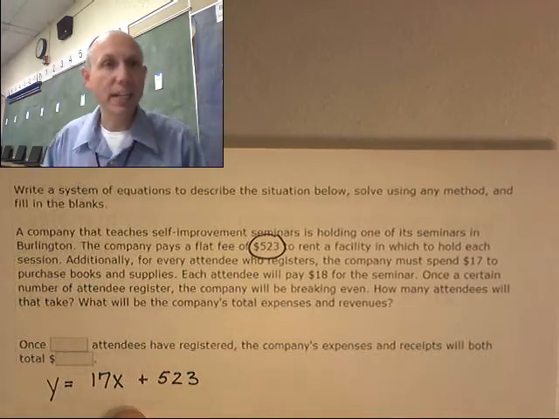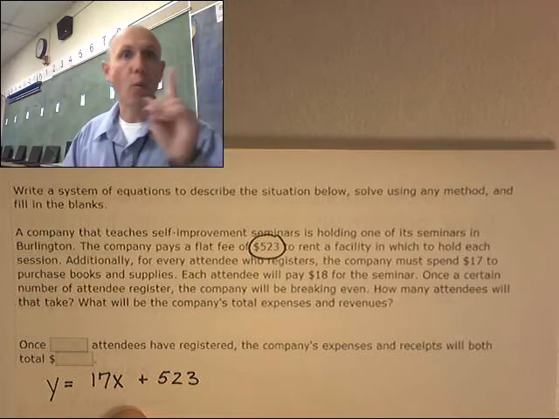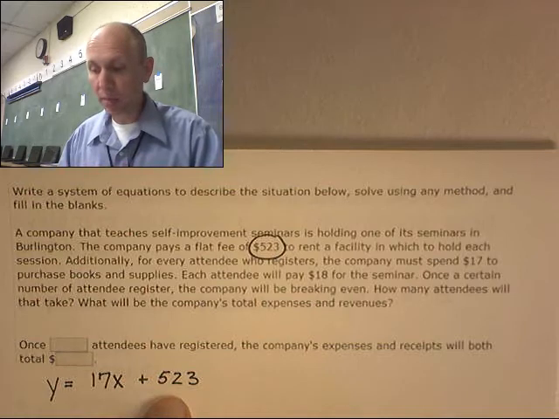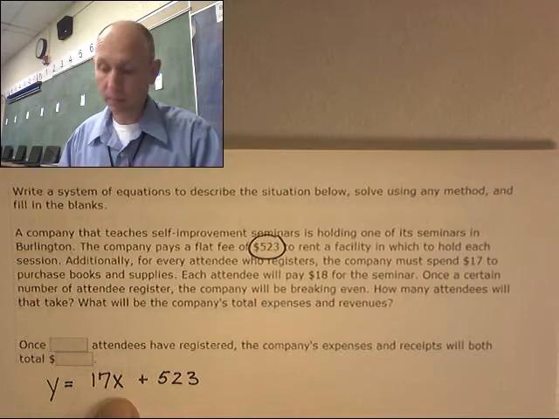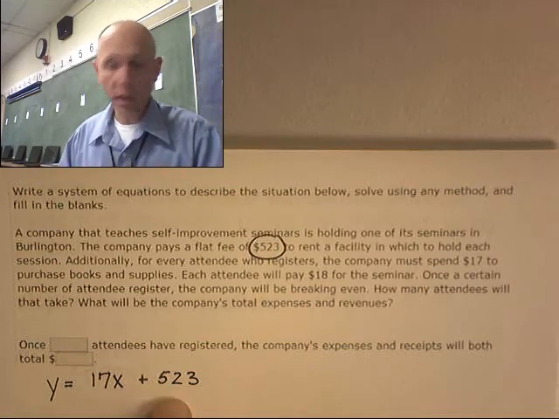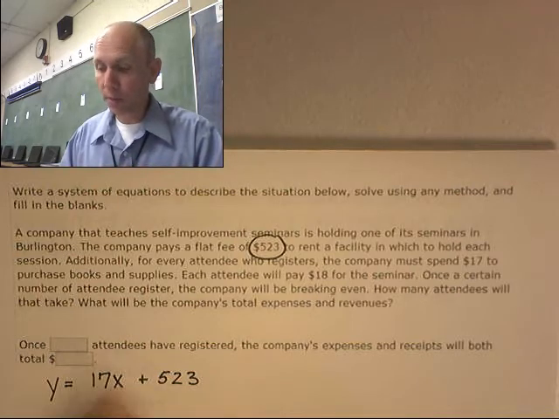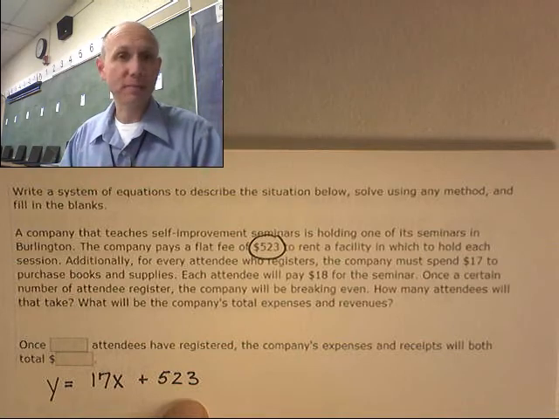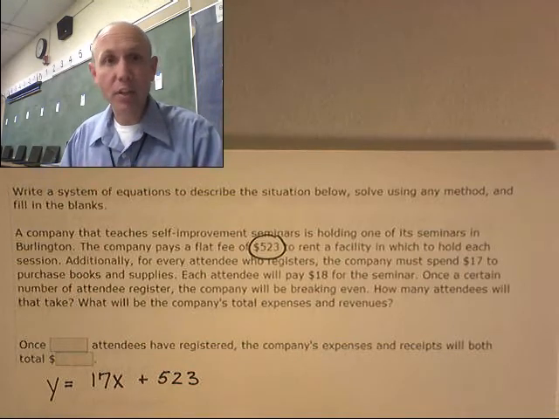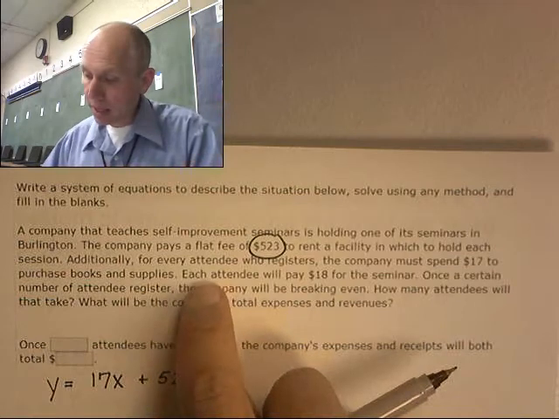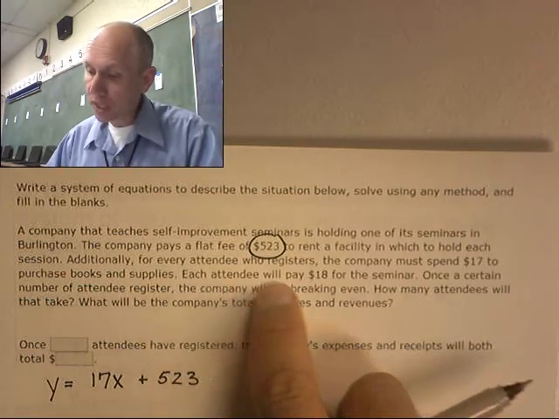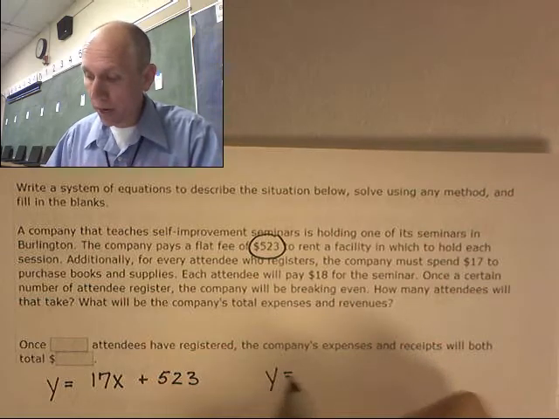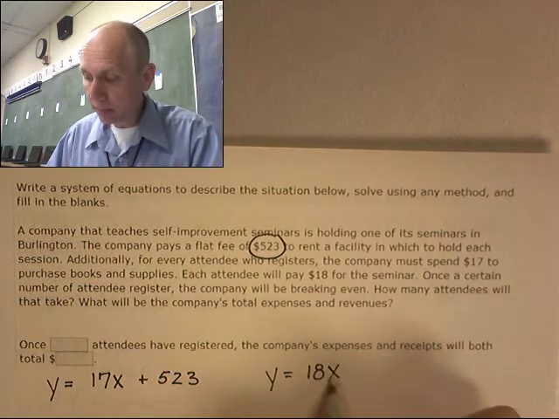This is how much it costs the company if one person comes to this. One person would be $17 plus how much they have to pay for the building. Two people, $34 plus the building. Four people, whatever 4 times 17 is, plus 523. This is how much they're going to spend. This is how much they're going to make. Each attendee will pay $18 for the seminar. Y equals 18x.